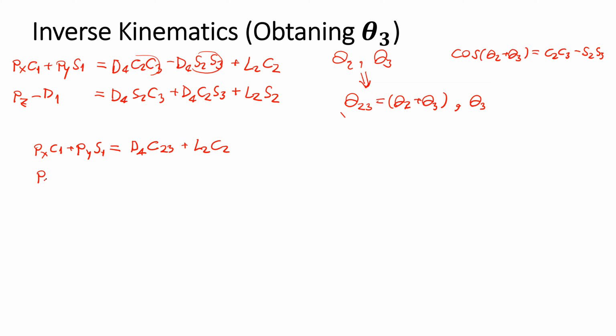The second equation, Pz minus D1: how about this? Sine of theta 2 plus theta 3 will be S2 C3 plus C2 S3, which is just sine of angle 2 plus 3.